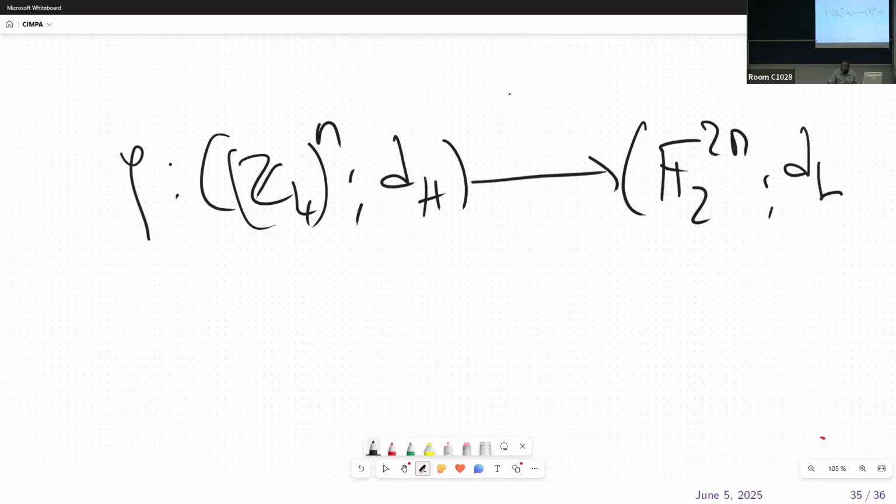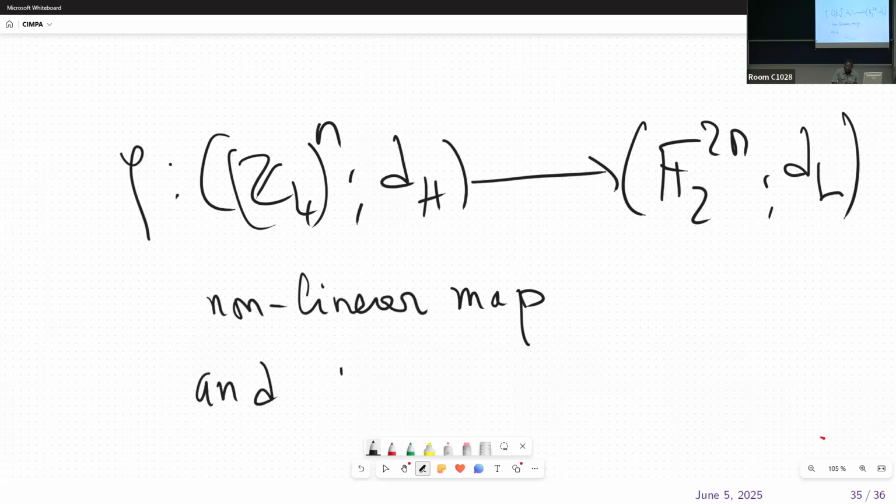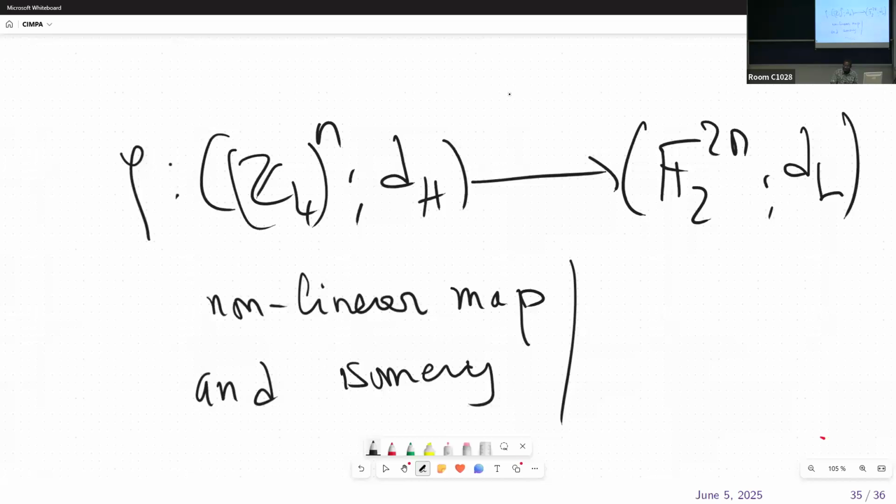Here Hamming and Lee. Okay. This is a nonlinear map and an isometry.